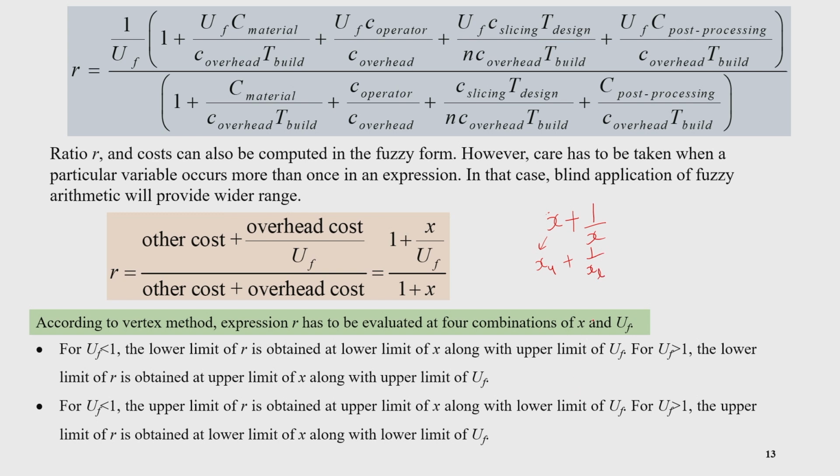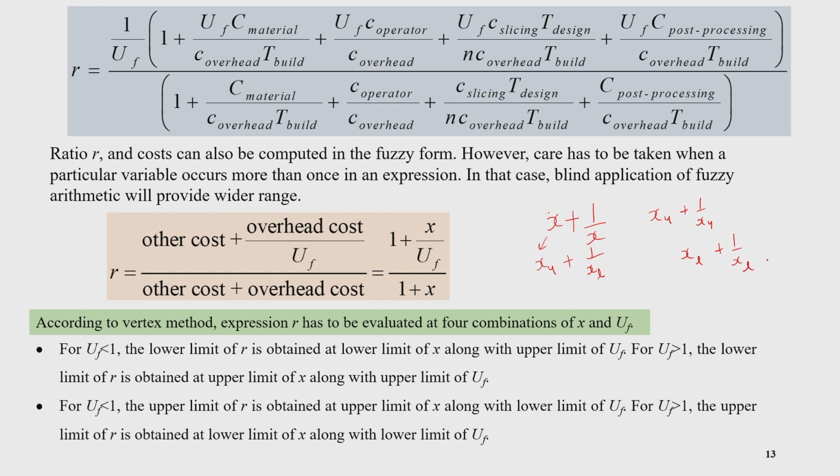Then this value will be unnecessarily very high, because in the same expression you cannot estimate that one term is very high and the other term is high. You can say high and low type of thing. So, you can say this is upper, xu plus 1 by xu, or you can say it is lower, xl plus 1 by xl, like that.